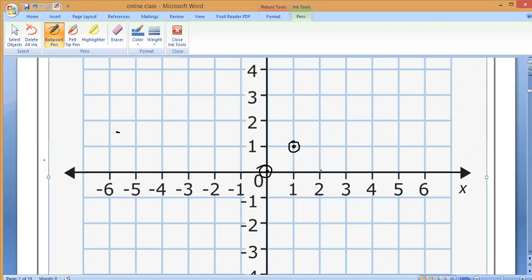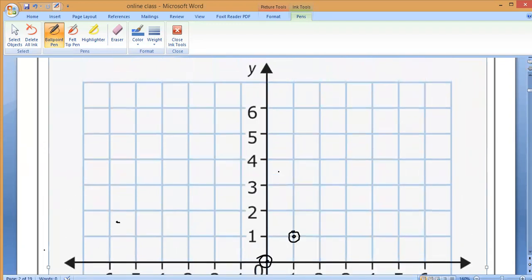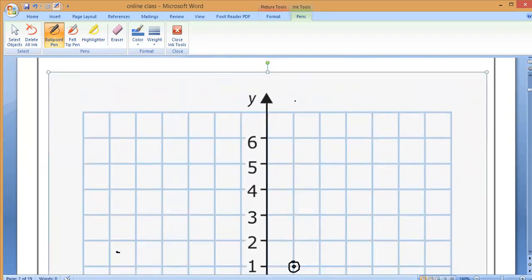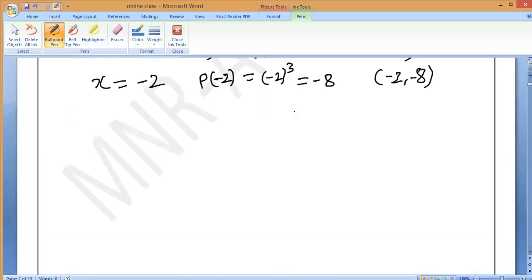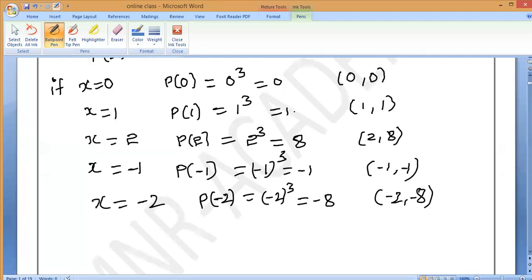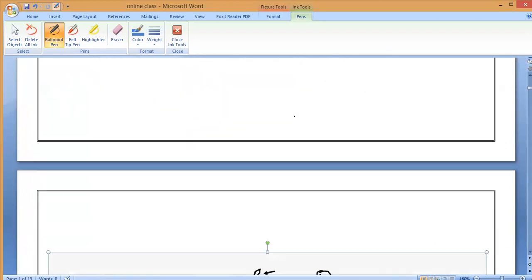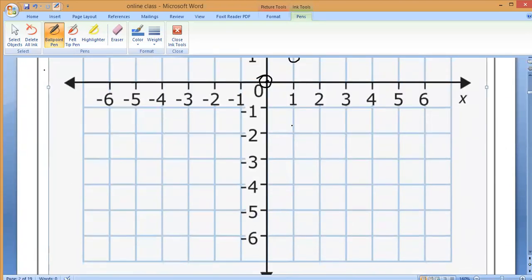On the x-axis 2, y-axis 8. Here there is no 8, so take somewhere here as 8. So here the point is 2 comma 8. Okay. Next point, minus 1 comma minus 1: on the x-axis minus 1, y-axis minus 1.